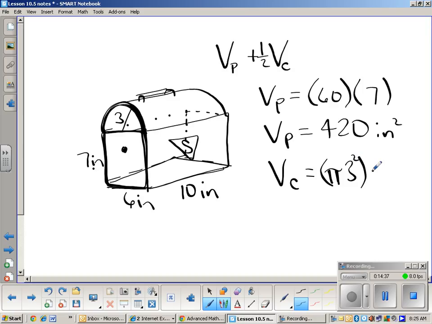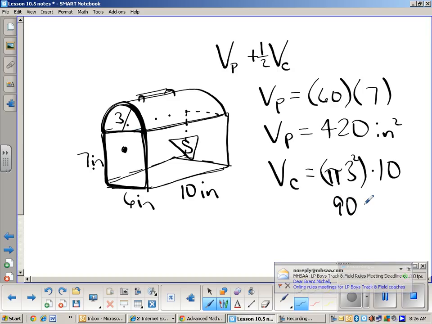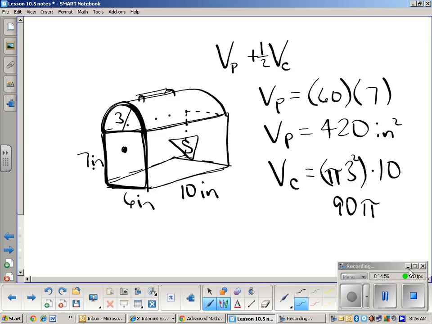And the height of that is 10. The height of this cylinder is this length right here, so it's 10. And so we get 90 pi equals the volume of the cylinder.